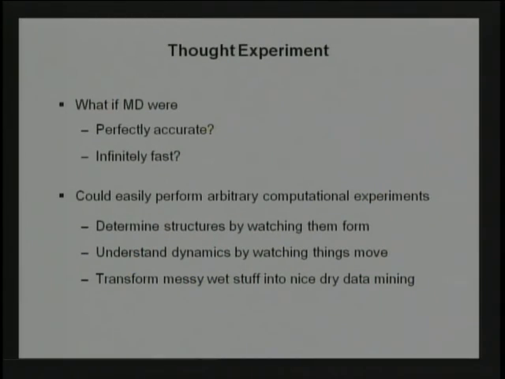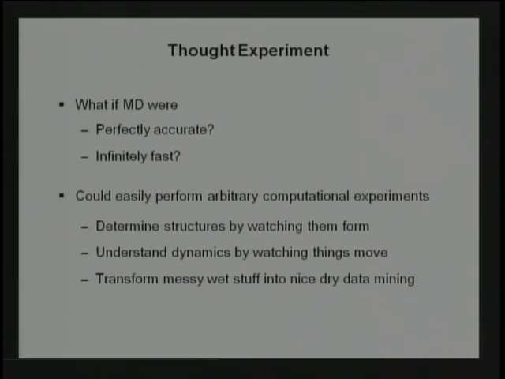So let me just run you through a little Gedanken experiment, which is, what if it were possible to do these simulations with perfect accuracy and arbitrarily fast, literally? So you could run arbitrarily long simulations that perfectly modeled what went on physically. So why would that be interesting?